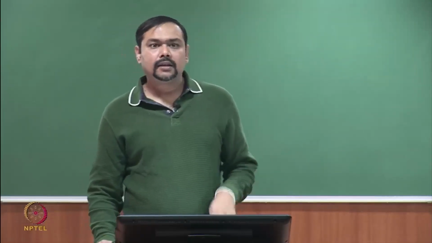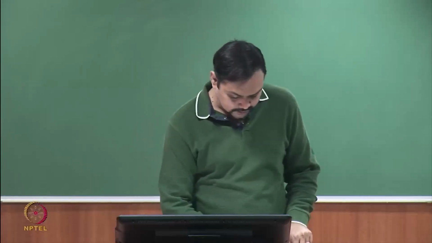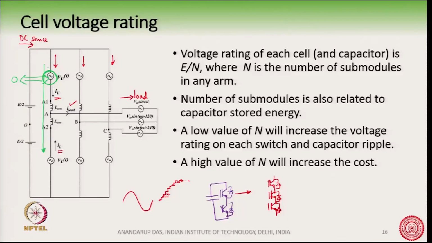The origin of this second harmonic can be understood from the fact that this voltage source here is a single phase voltage source and a single phase current is flowing. Note that these voltage sources are completely independent of each other; they do not even know that there is a lower arm.